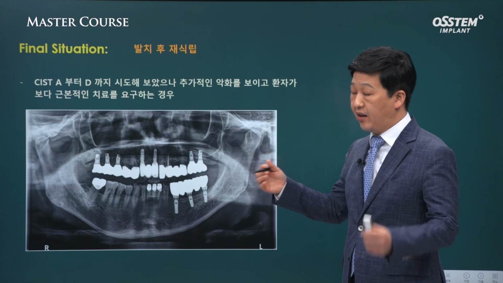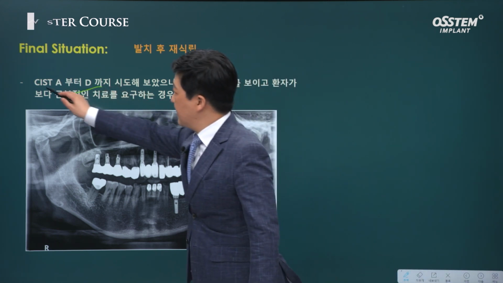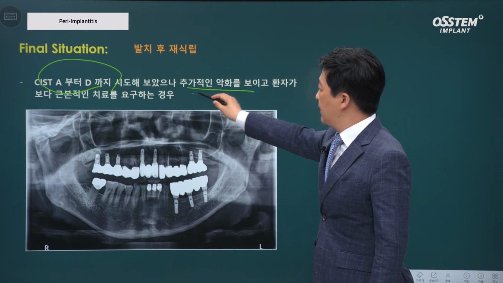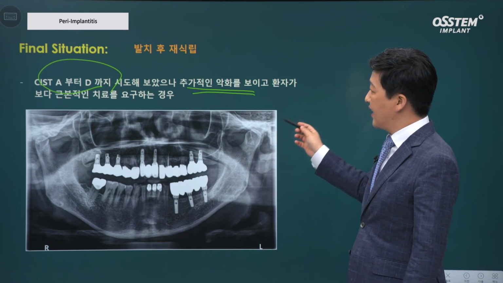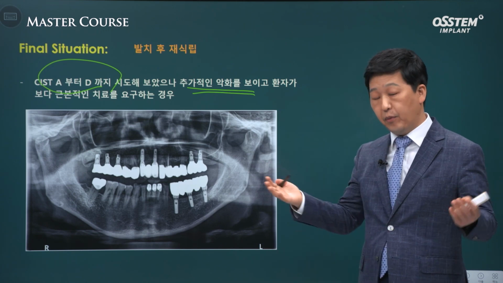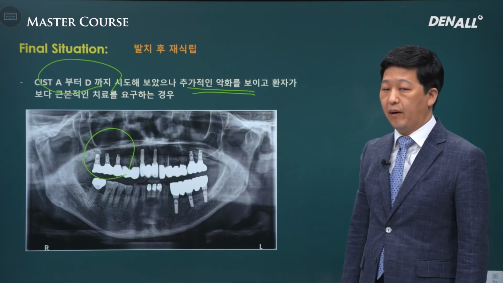What can we do at the very end? That is implant removal. Even if you have done CIST A to D, if symptoms continue to worsen and the patient requires more fundamental treatment, there is no other way. You have to remove the implant and replace it.